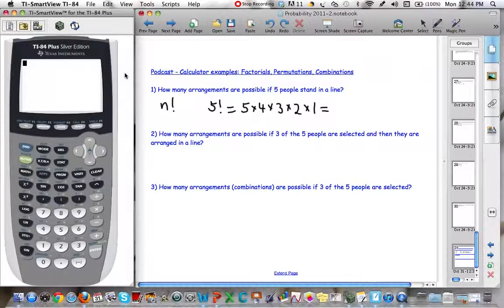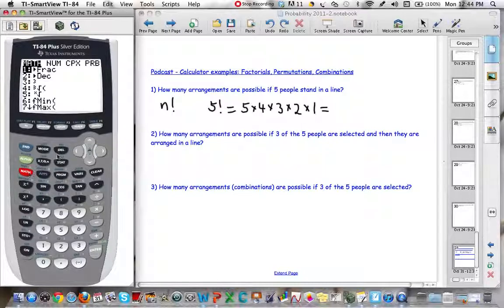I'm going to come across to the calculator and show you how you would evaluate this. What we're going to do is select math, and I'm going to scroll to the left because it's a bit quicker. I'm interested in the PRB, the probability menu, and what I'm interested in is number 4.